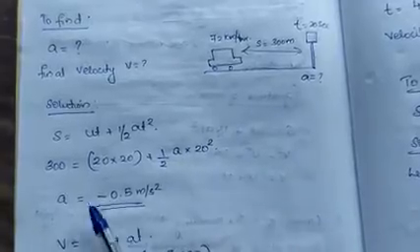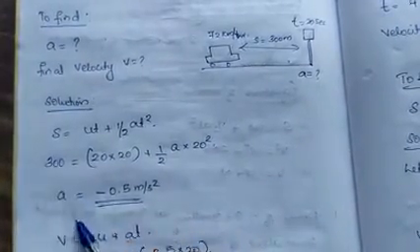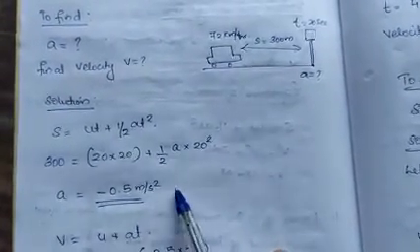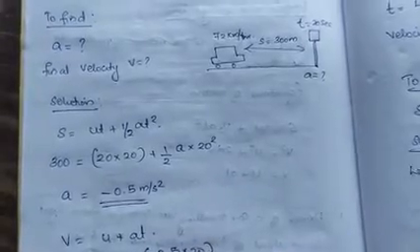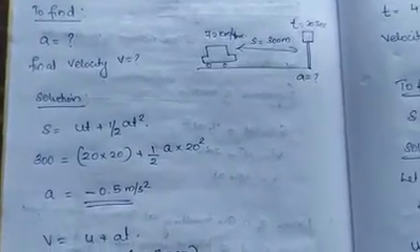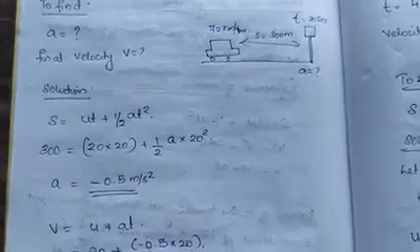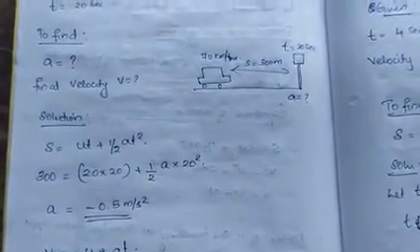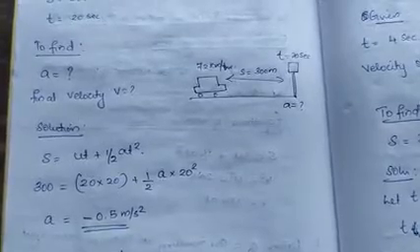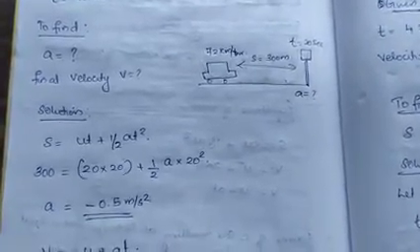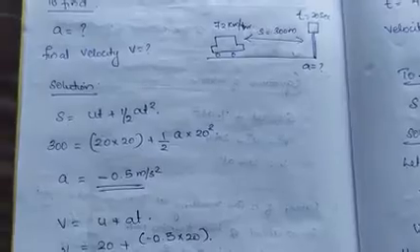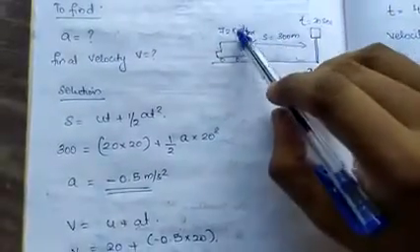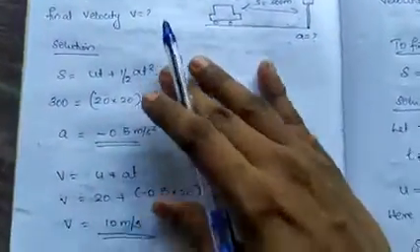So from that you get acceleration as minus 0.5 meter per second square. That means here it's not an acceleration, this is a retardation or deceleration. So he is reducing his speed. From that concept you can know that he'll be reducing his speed from 72 km per hour.